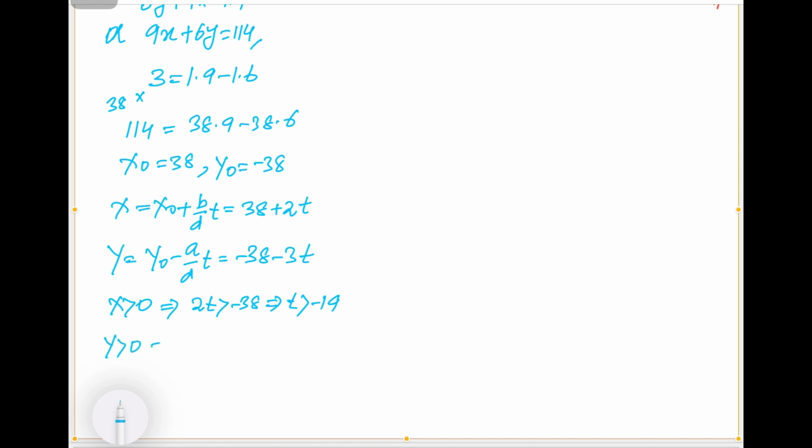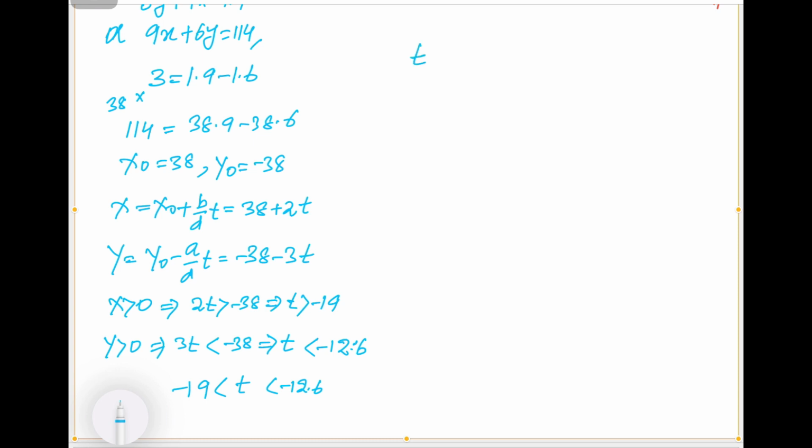Now y positive, so we put 3t less than minus 38, and t less than minus 12.6. So t lies between minus 19 and minus 12.6.